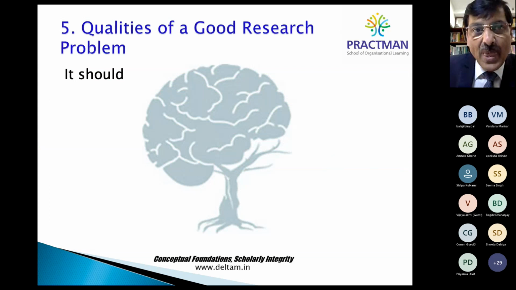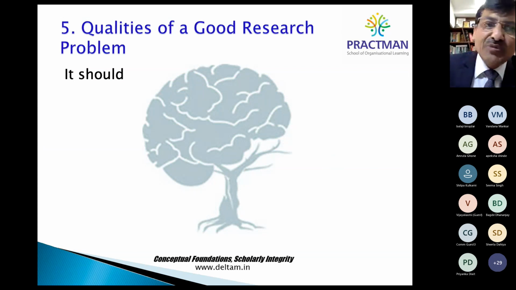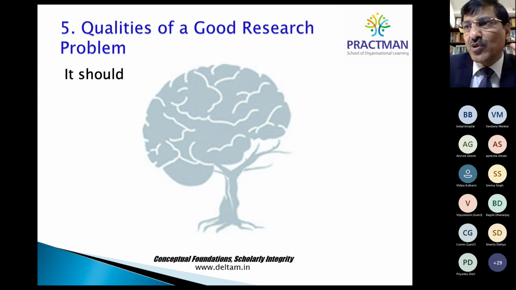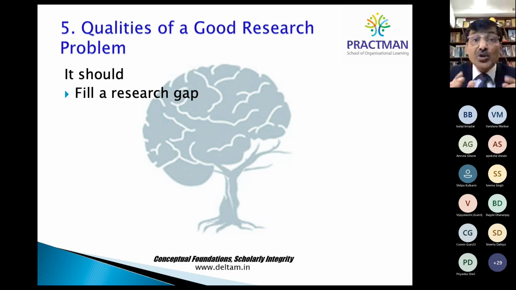Now last, when it comes to a good research problem, there are 4 qualities which you have to keep in mind. What is a good research problem, especially for a PhD? First, it should fill a research gap, something on which you should be able to prove that the research gap exists.